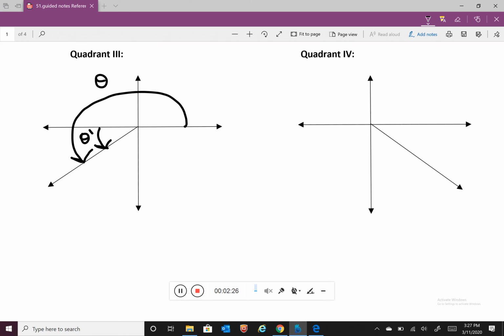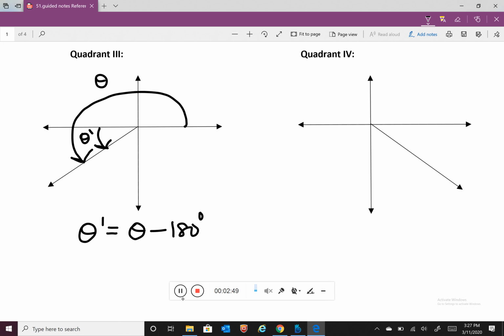We will be subtracting, but order does matter. So to find our reference angle, we will take our original angle, which is past 180 degrees, and we will subtract 180 degrees from it to find the difference, and that will give us our reference angle.